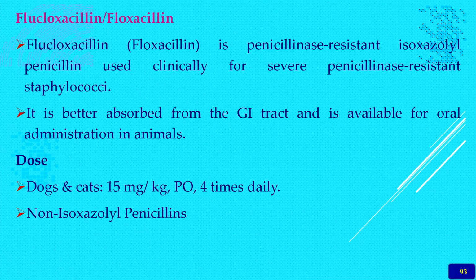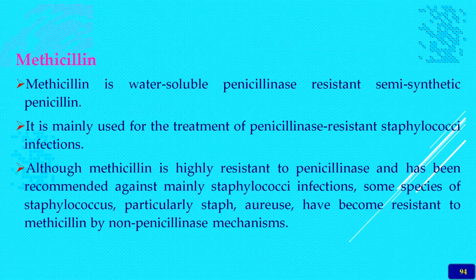Whereas the non-isoxazoline penicillins include methicillin. Methicillin is important because if the microorganisms are resistant to this, then we need to use some other antibiotics.